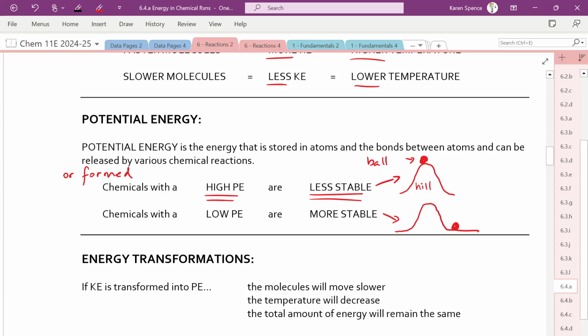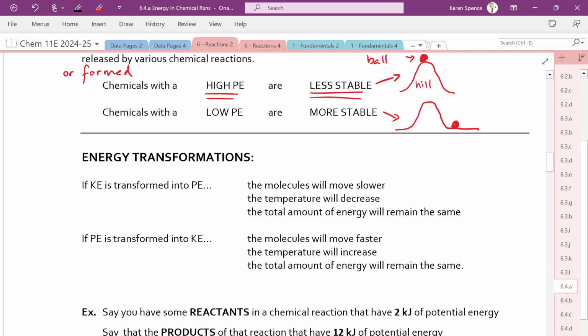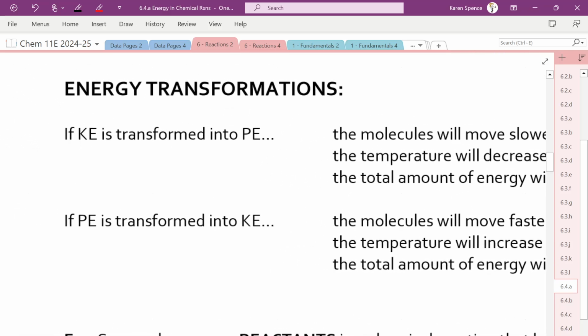And electrons and atoms are always spending a lot of their time just trying to get to a more stable state, okay? Now, in a chemical reaction, if we take some kinetic energy and we transform it into potential energy, what's going to happen to the molecules?